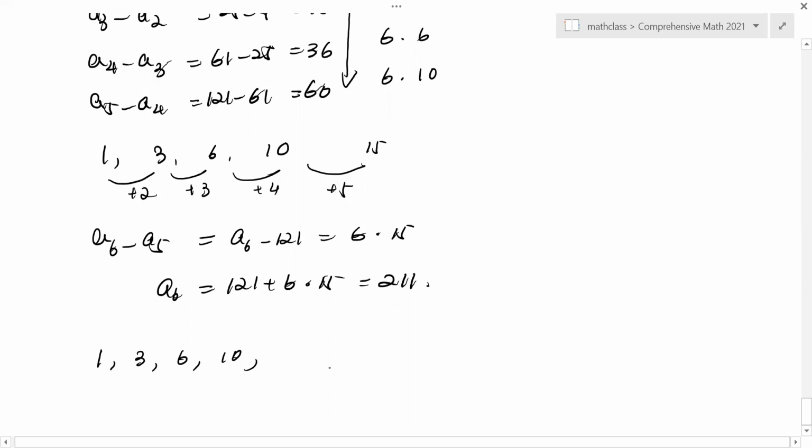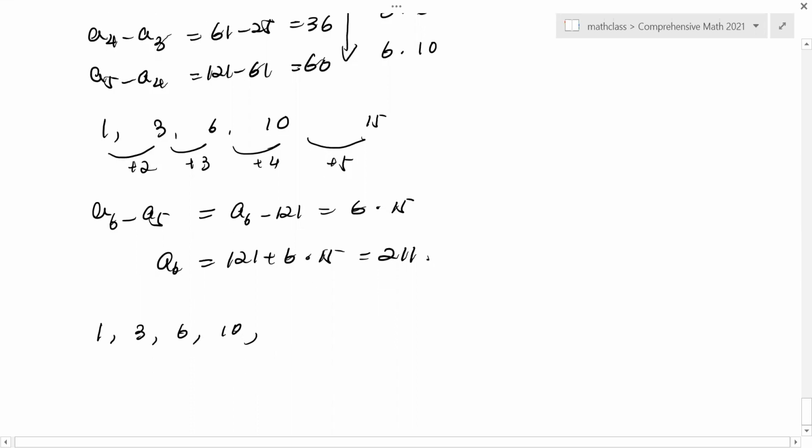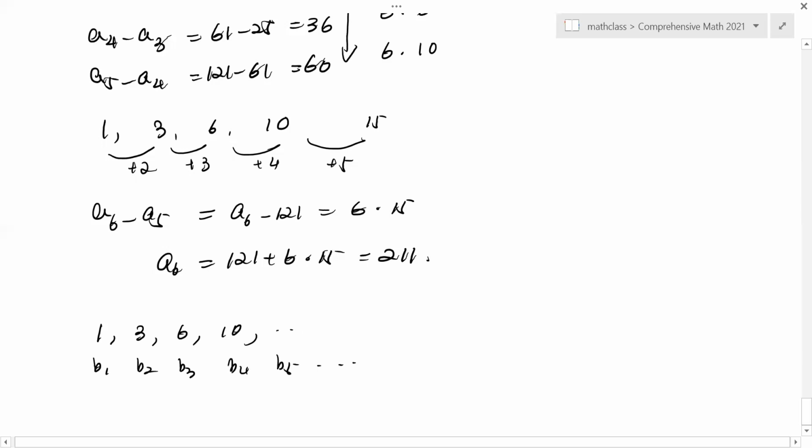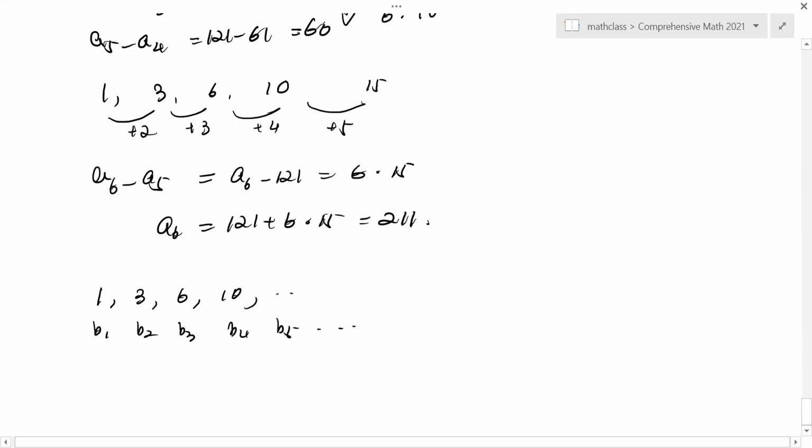How do we get the next term? Every time we add a number. Let's call them B1, B2, B3, B4, B5. How do I get to the next term?